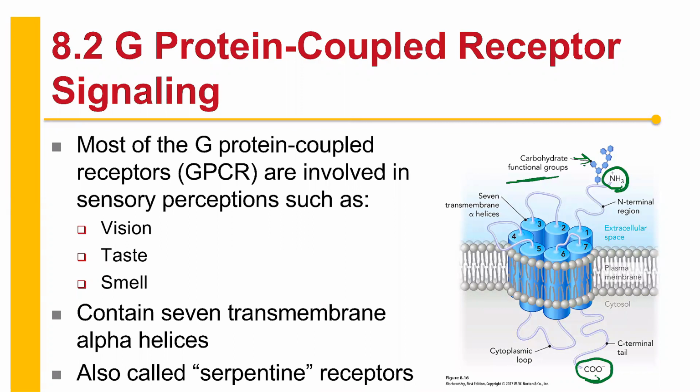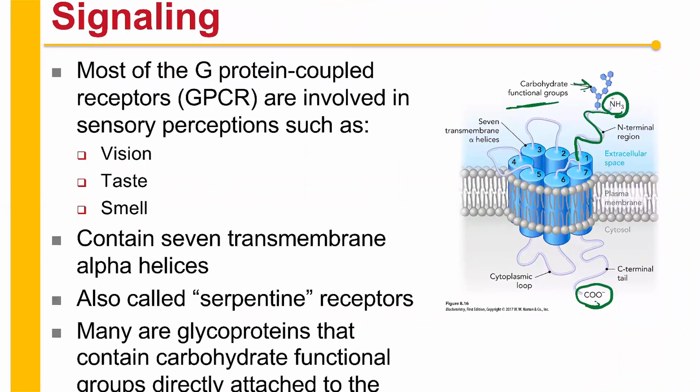And so when you look at these receptors, what you'll see is they'll start at the N terminus in the extracellular space. And then, so here they go, they start here. And then you go into these alpha helices. And a lot of times they'll be called serpent or serpentine receptors because what happens is they start in the extracellular space, they go down, right?